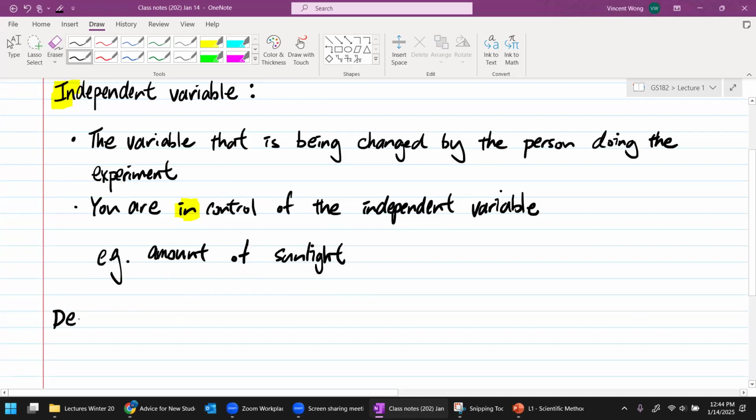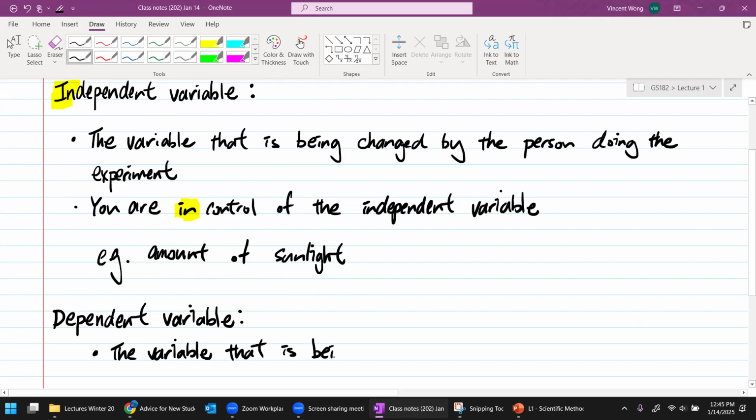Okay, so let's take a look at the other one, the dependent variable. In an experiment, the dependent variable is the variable that is being measured or observed.